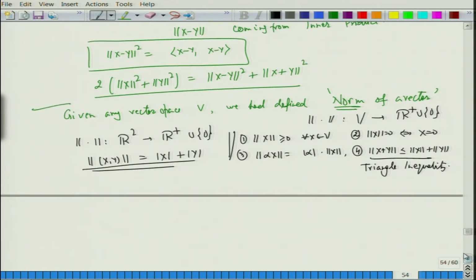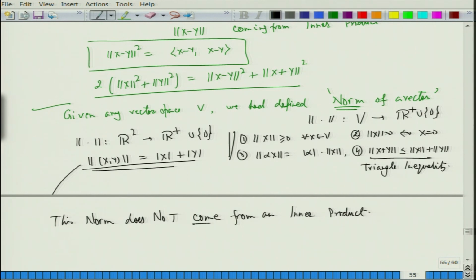It turns out that this norm does not come from an inner product. The proof of this uses a theorem which is out of syllabus for us, so we are not bothered about it.